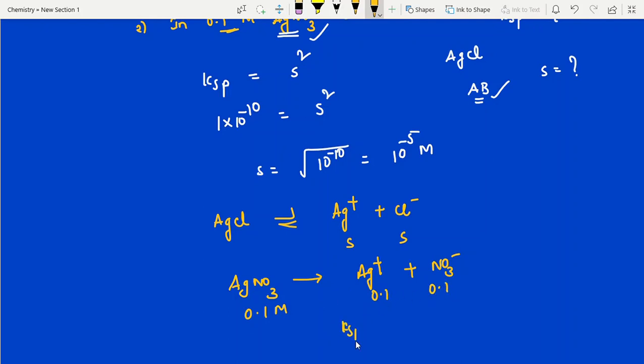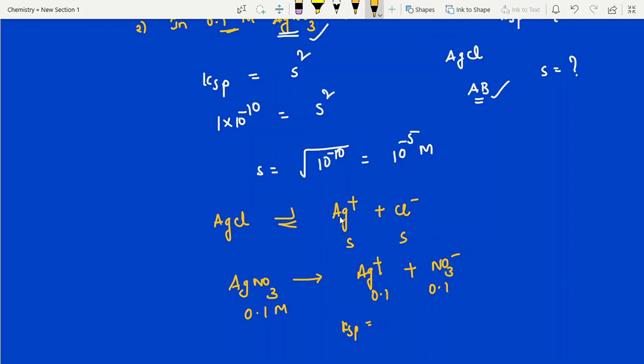Now KSP. You can write KSP equals, how to take? Here is where most students make a mistake. Ag plus is the common ion, no? If you take this common ion, Cl minus and NO3 minus are not matching, but the Ag plus from both is common.